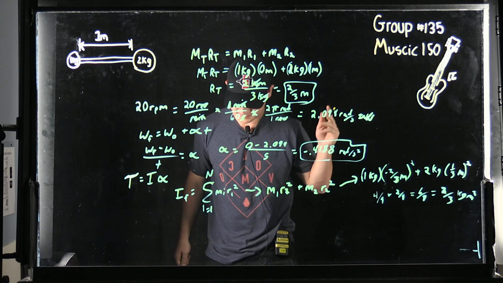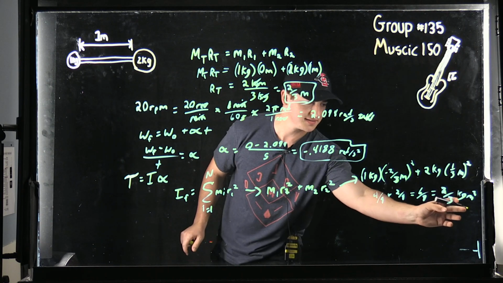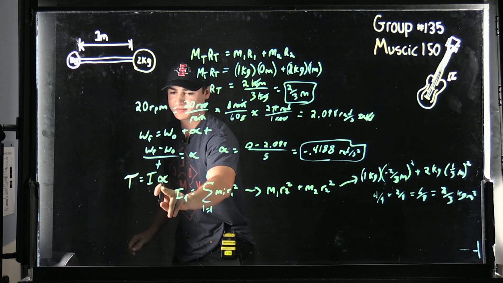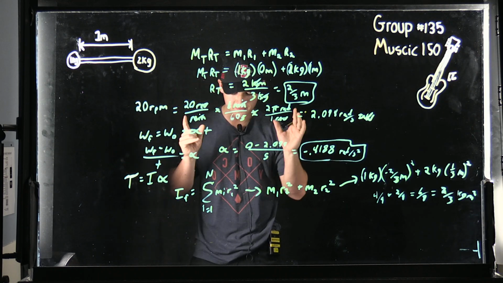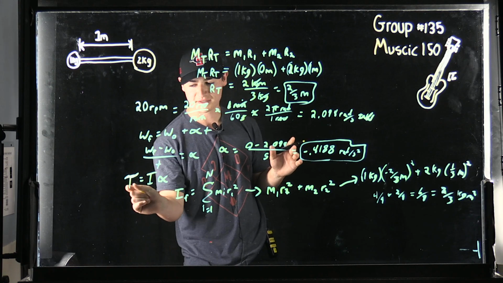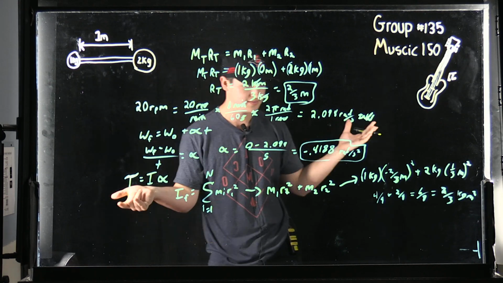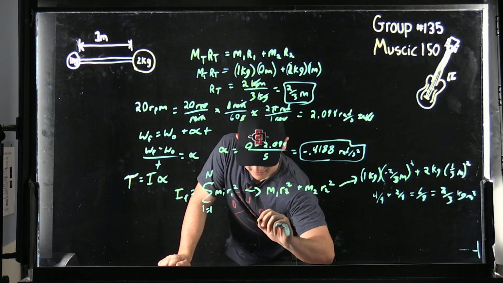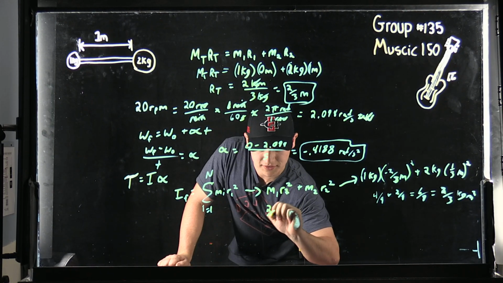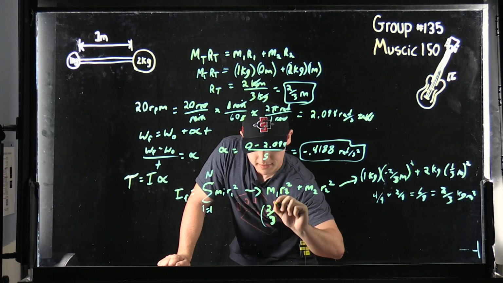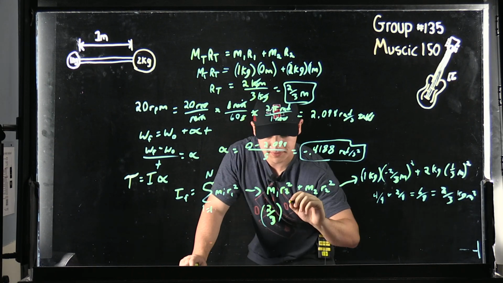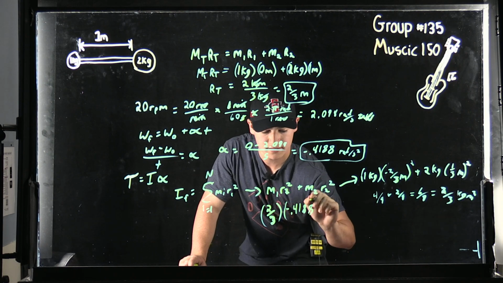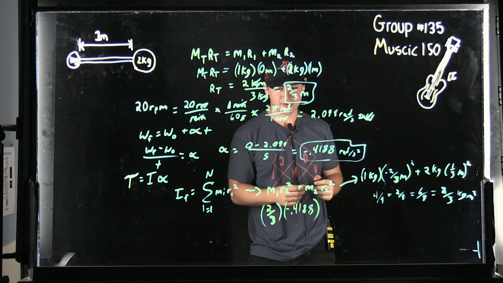All right, so now that we have this, what do we do? Well, as you can see, it's just torque equals that times that. It can't be any easier. It really can't. All you do is 2/3, and we're going to multiply it by the negative 0.4188.